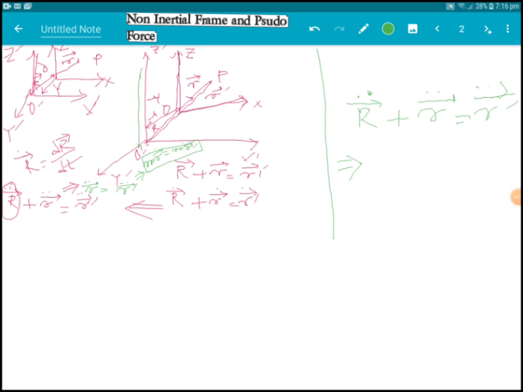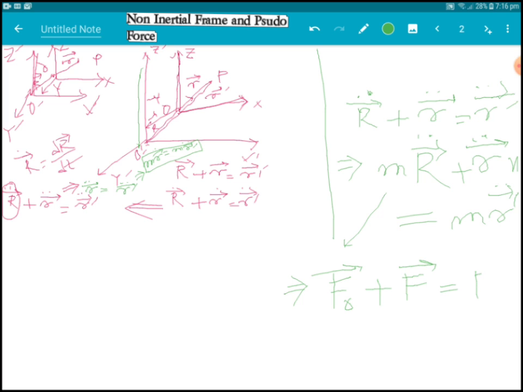So m R double dot plus m r double dot is equal to m r dash double dot. So this is F naught plus F is equal to F dash.